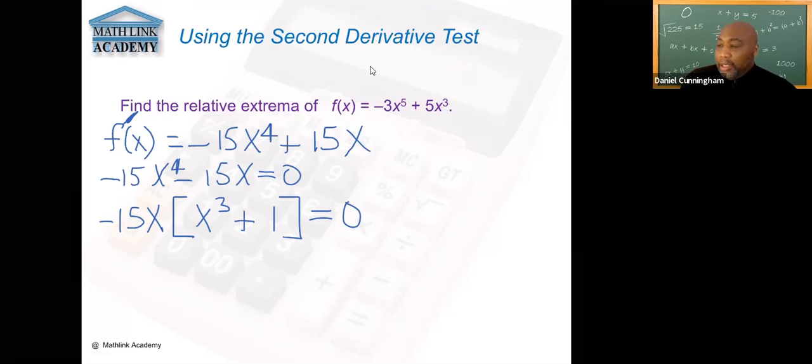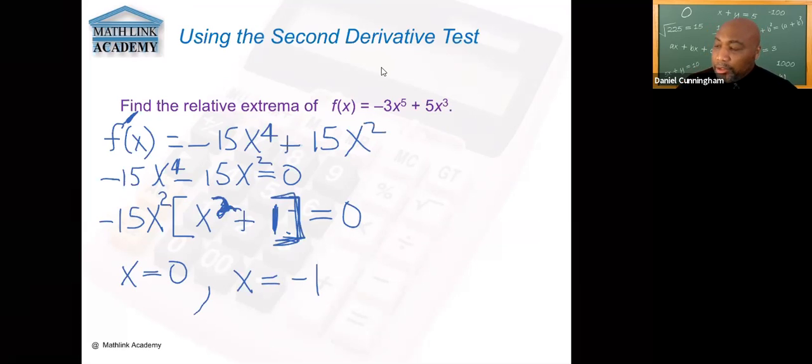Now, looking at that, we want to solve for our critical values. So in this case, x would equal 0 coming from the first one, and it looks like x would equal negative 1. So we have this critical value. Let me make sure I factor correctly and have the right values for our critical values.